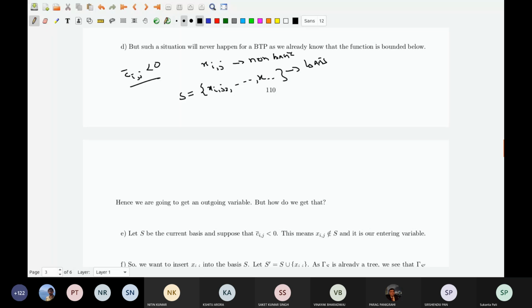And I want to make xij basic. Now, if I want to make xij basic, out of the basic variables currently, one I have to throw out, make it non-basic. How do I select? Now remember, gamma S is a tree.